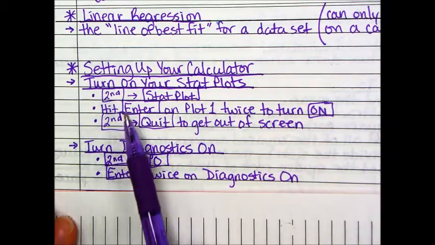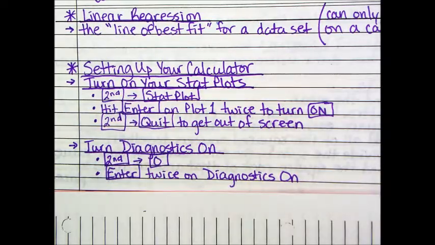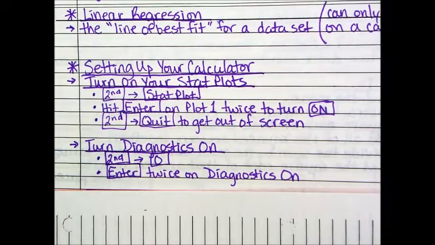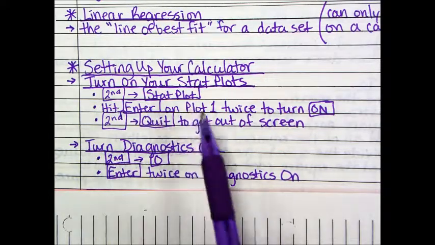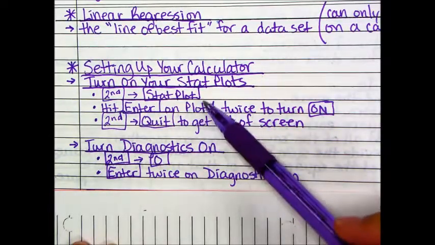So one of the first things that you have to do is something called turning on your stat plots. It's a setting in the calculator that has to be switched to on, otherwise it will not do what you're needing it to do with the stats that you're putting in. So to turn on your stat plots, you're going to hit second stat plot, and just be patient and write them down right now.